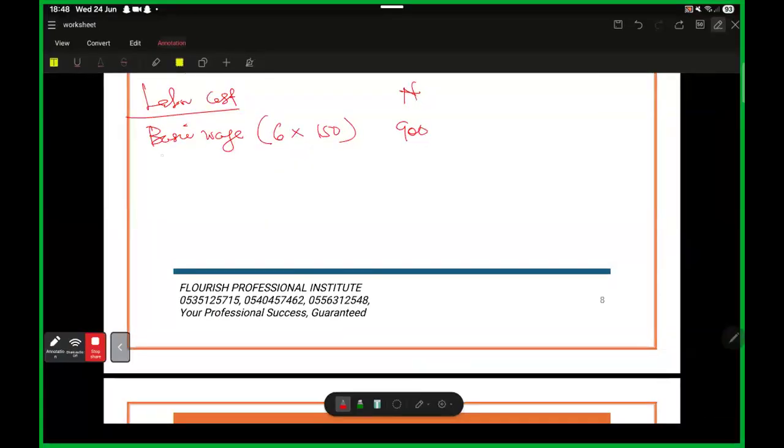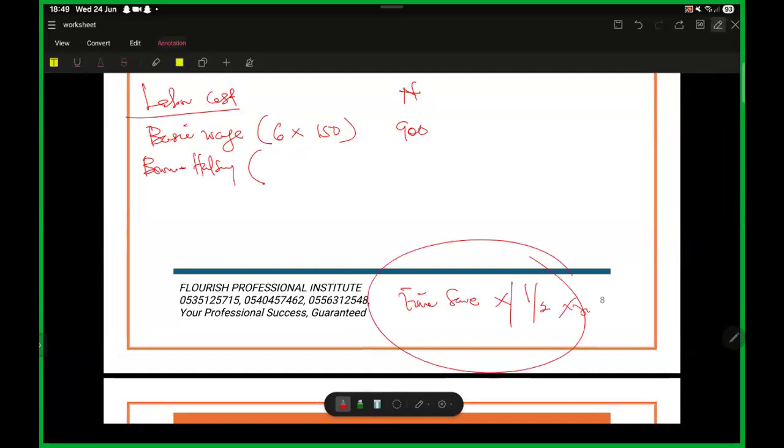So the bonus here, we are using the Halsey bonus scheme. The Halsey bonus scheme deals with a time and half. So the formula is given as the time saved times the one whole number 1/2, that's the time and half, times the rate given in the question.